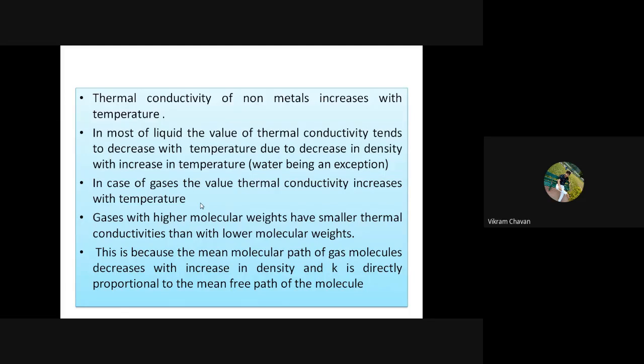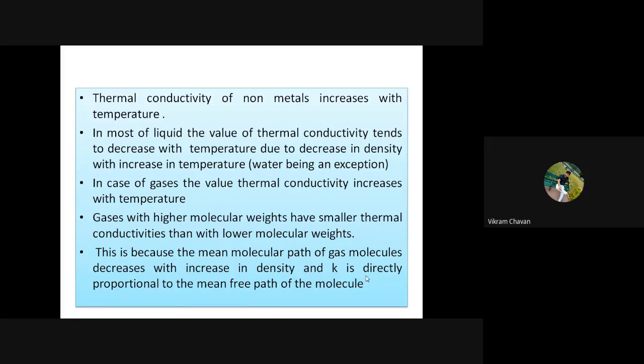This is because the mean free path of gas molecules decreases with increase in density, and K, that is thermal conductivity, is directly proportional to the mean free path of the molecule.